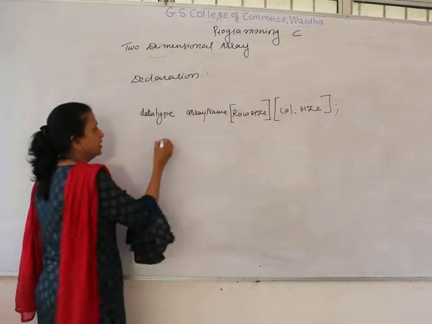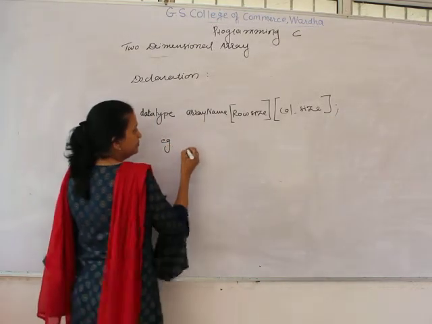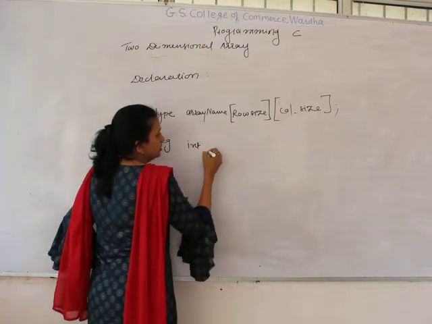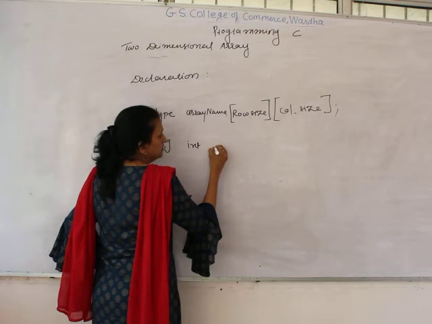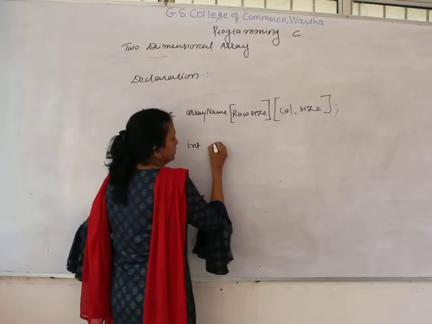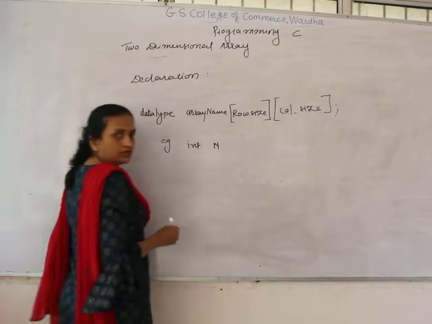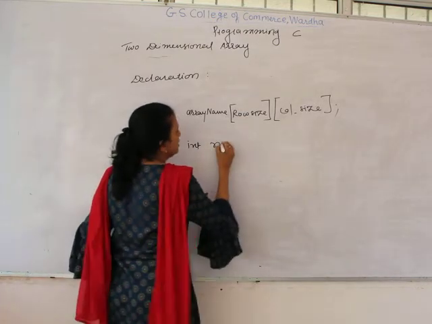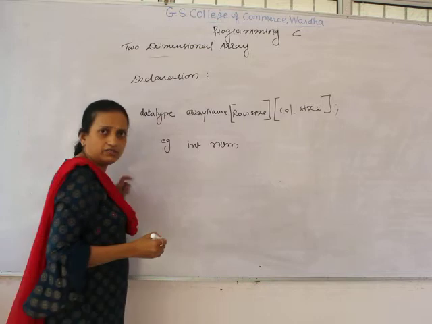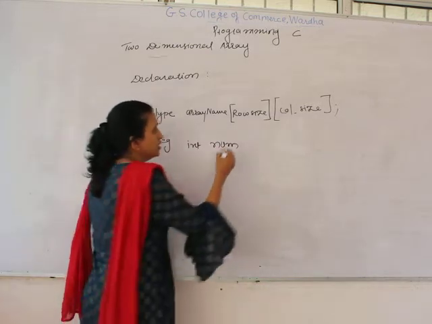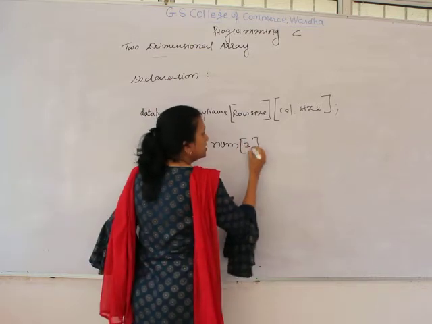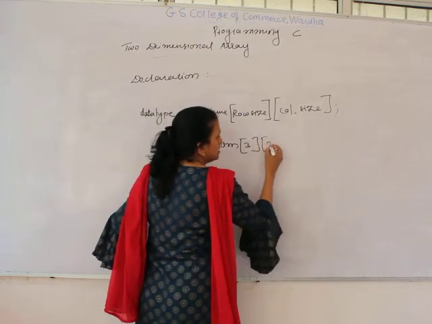For example, int num, where num is a variable name I am taking. The size of row is 3 and the size of column is 3.